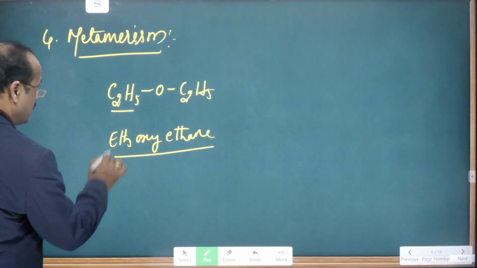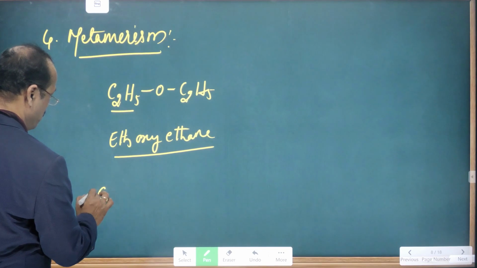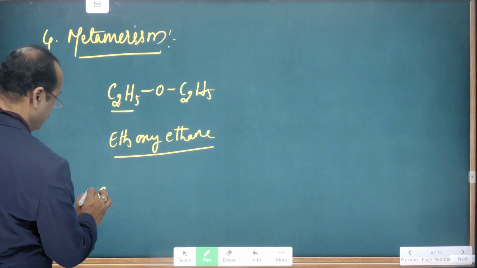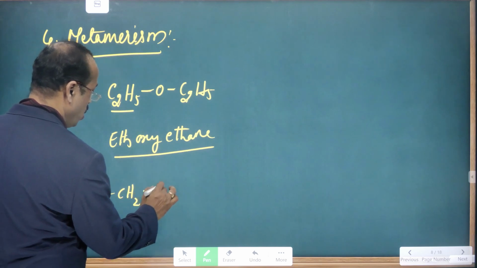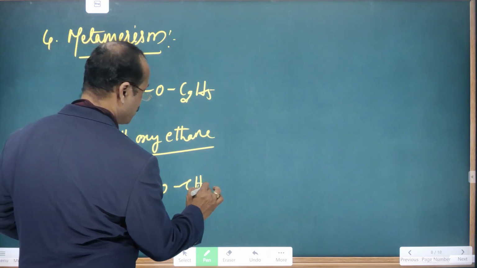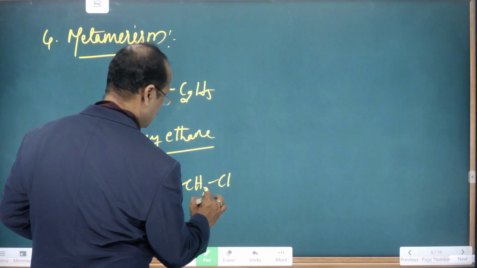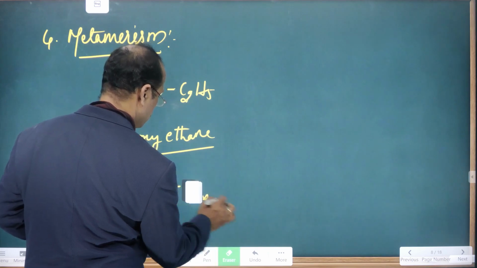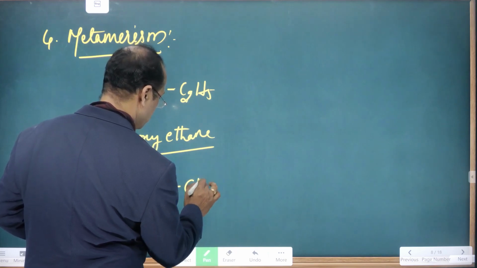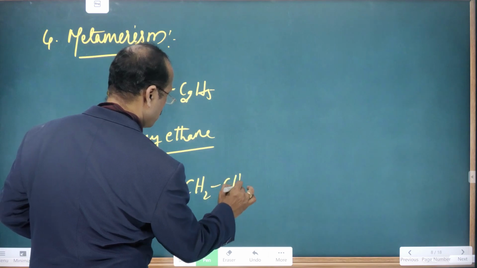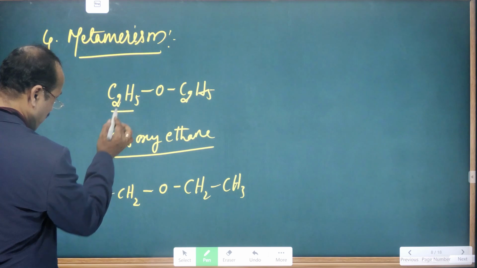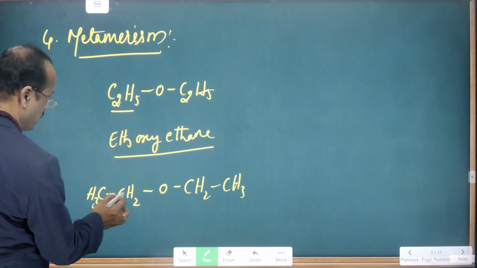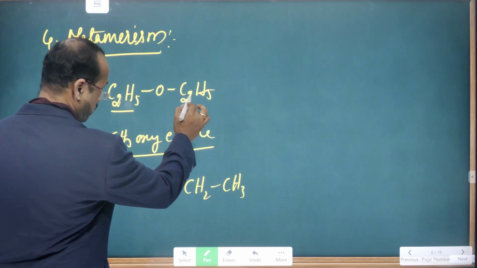If I expand this one, then what will I get? It becomes CH3, CH2, O, CH2, CH3. See, the middle is oxygen, and here 2 carbons, 3 plus 2, 5 hydrogens. Here also 2 carbons, 5 hydrogens.